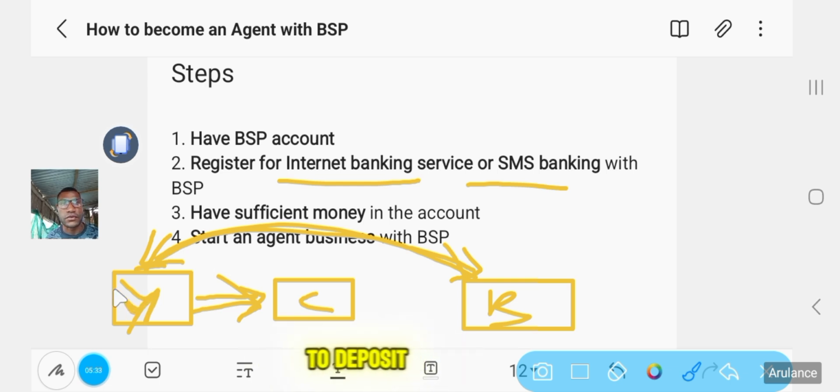For example, to deposit money into their child's account if their child is in school. You will access the money here. You will do the transaction online, and then you will ask the customer to give you the certain amount of money plus 10%.